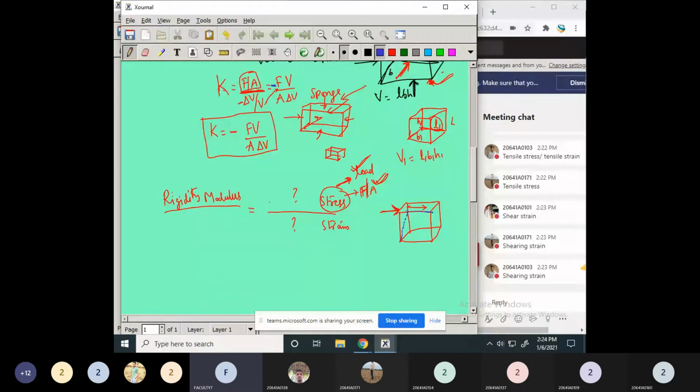If you join all these points, you will get a change in the angle. The red line will be like this, and the new line shows some angular displacement. This is theta, and we consider this as the shearing angle.